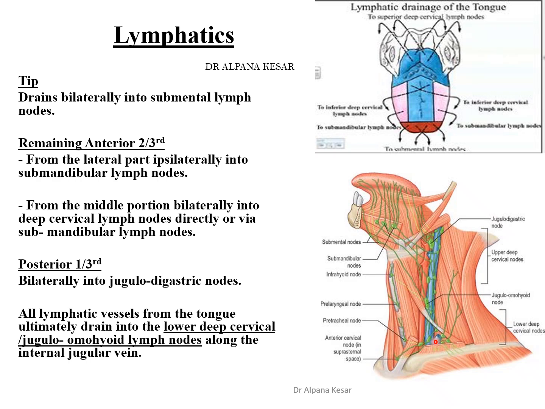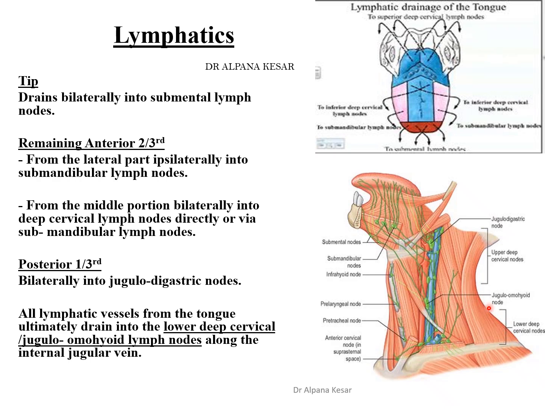They are further divided into two: upper deep cervical group of lymph nodes and lower deep cervical group of lymph nodes. In the upper deep cervical group of lymph nodes, the most prominent lymph node is jugulodigastric. And in the lower deep cervical group of lymph nodes, the most prominent lymph node is jugulo-omohyoid.